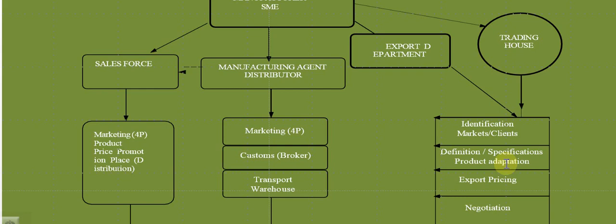Okay, then once you have completed identification of market and client, the next phase you have to proceed to is definition and specification, product adaptations. You have your own product, and you are the expert for that product. Then you have to detect the specification and definitions of your product adaptations.